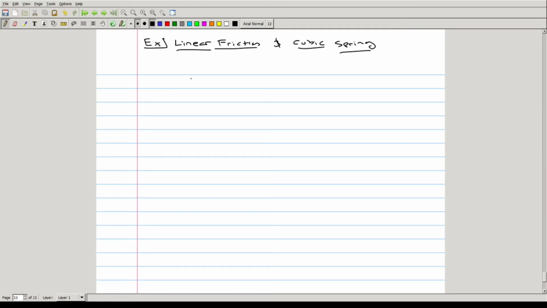And this gives us the differential equation m x dot dot plus a x dot plus k3 x cubed equals 0.